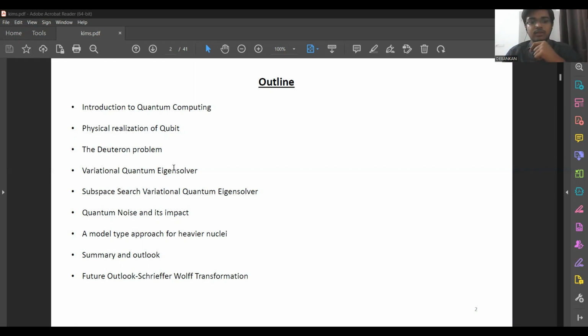These are the two techniques which I've used to find the energy eigenvalues of this deuteron problem. And then I would discuss briefly about quantum noise and its impact on my simulation. I would then discuss a new model type approach which I have been thinking of late, which can be useful if I want to go from deuteron to a heavier nuclide, and then summary and outlook. The future outlook I would not discuss over here.